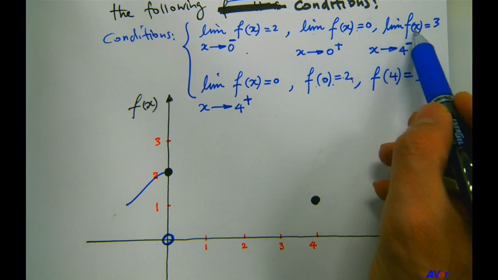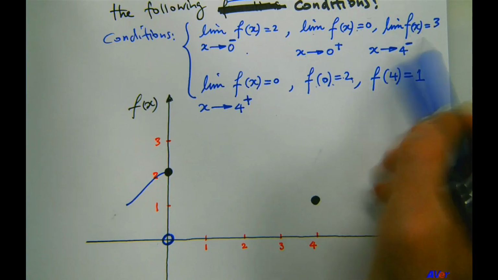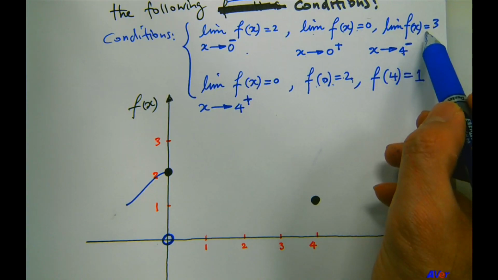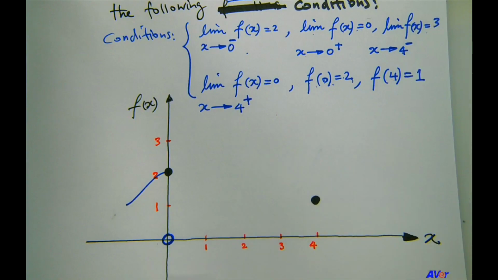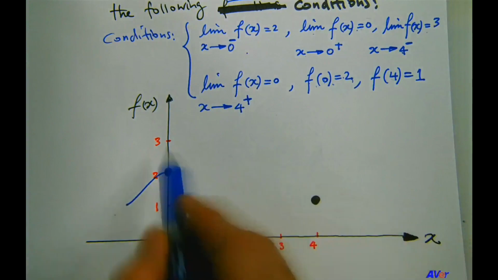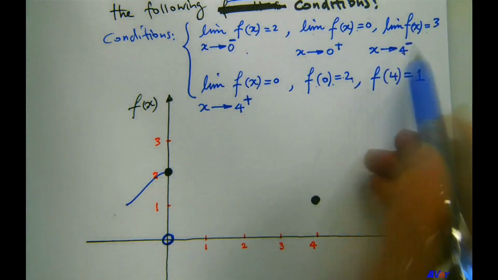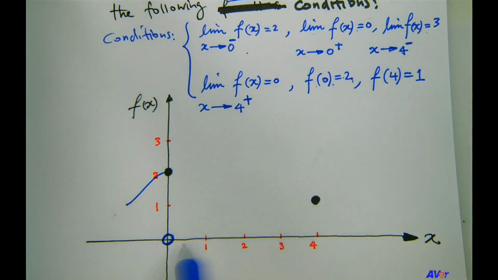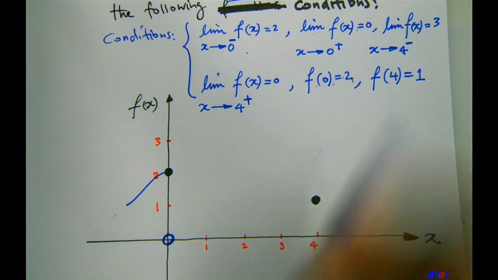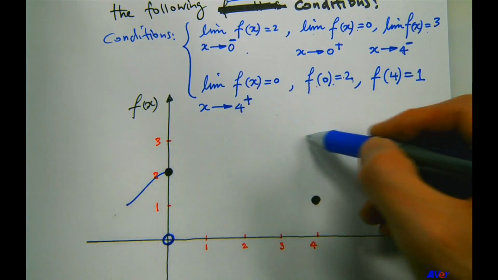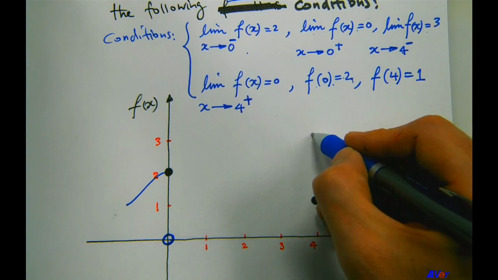Limit of the function as x approaches 4 from the left is equal to 3. So that would be that line then. So the limit of the function as x approaches 4 from the left is equal to 3. So right there, that's 3 all the way here, and I'm going to put a hollow circle here. Why a hollow circle?